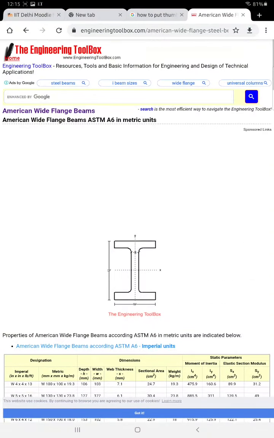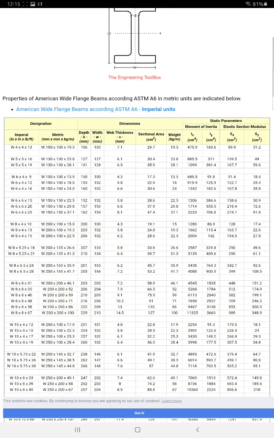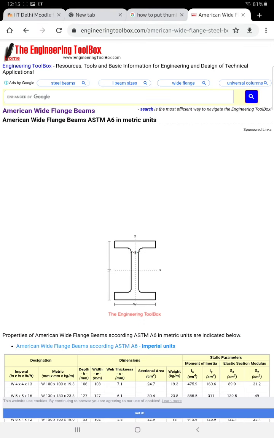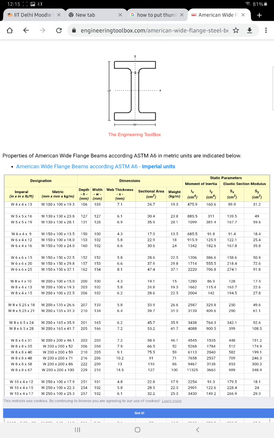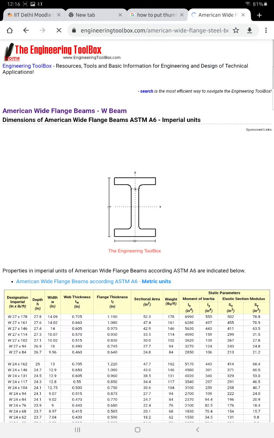You can simply search any tables, just Google W shape beam. That is the best site I usually refer to, the Engineering Toolbox. You can also find imperial units, just click here and it will convert to imperial units.